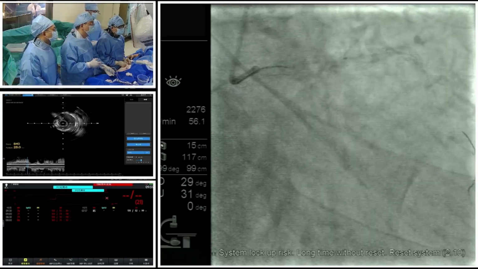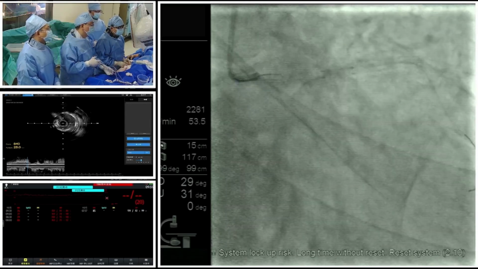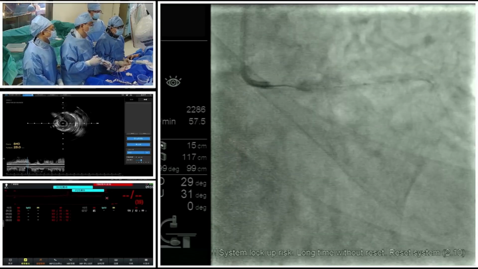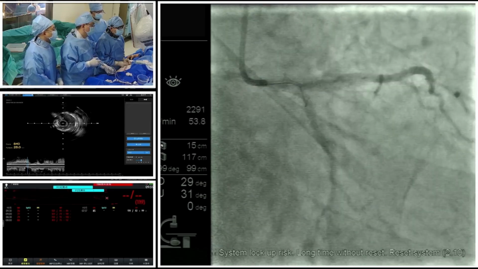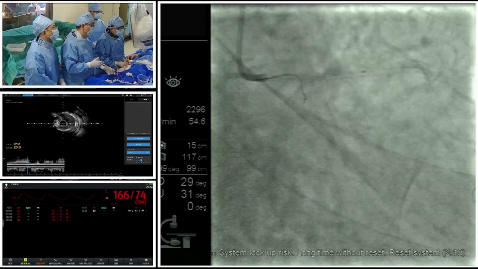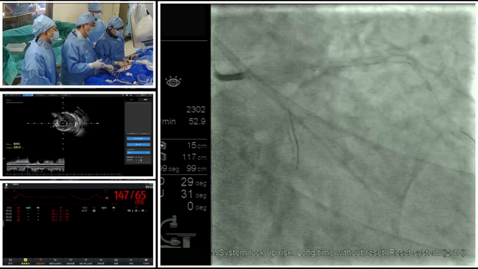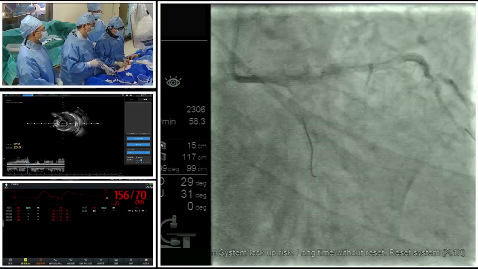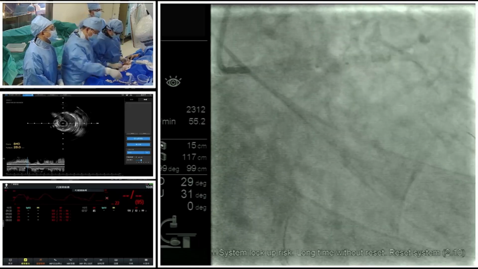So now you're trying to rewire the circumflex from the distal stent strut, right? Yeah. It's kind of hard to manipulate the wire. Maybe need a reshape. No, it's okay. Side branch. Okay.